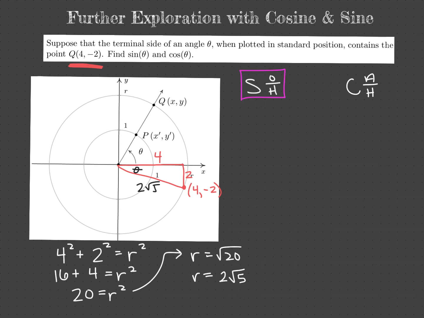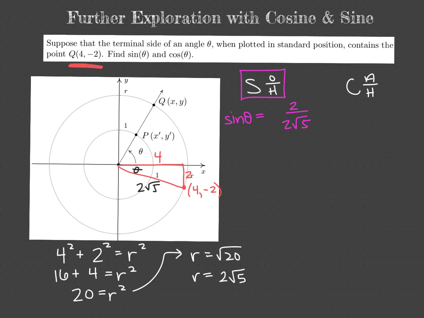All right, now we can find the sine of theta. Sine is opposite over hypotenuse. So from theta here, our opposite is 2, and our hypotenuse is 2 root 5. So when I write that down, the sine of theta is 2 over 2 root 5. Now, taking a look at where this theta is, because it is in our fourth quadrant, the sign is negative down there.